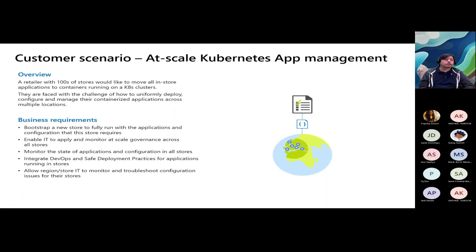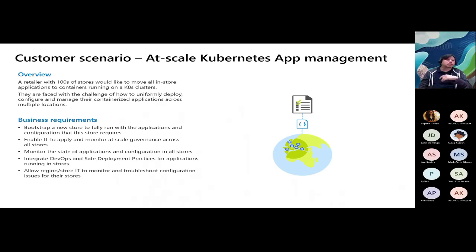Another scenario is how can we benefit from the Kubernetes app management at scale? So a retailer with hundreds of stores would like to move all in-store applications to containers running on Kubernetes. So they have more than 100 stores and want to make everything run the same software, have the same base.